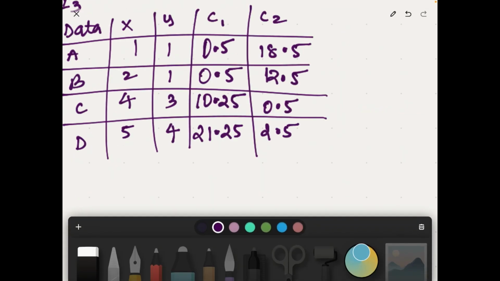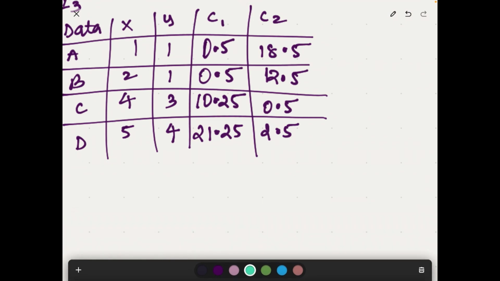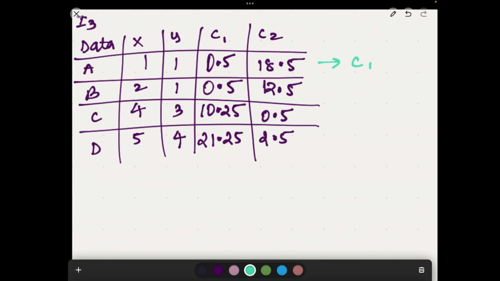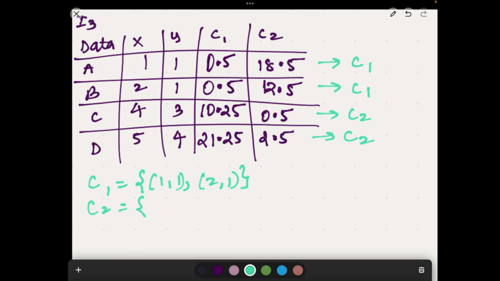So now that the table for I3 is also made, we can check here that A and B are going to go in cluster 1 and C and D are going to go in cluster 2. So your C1 would look something like 1 comma 1 comma 2 comma 1, and your C2 would look something like 4 comma 3 comma 5 comma 4.